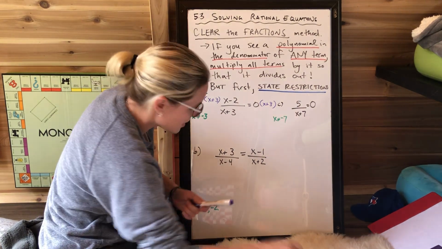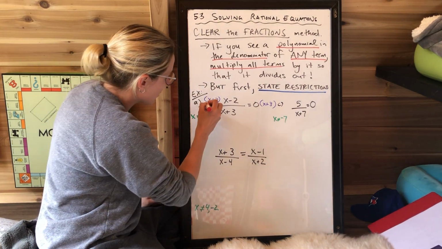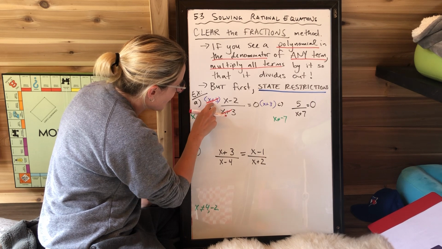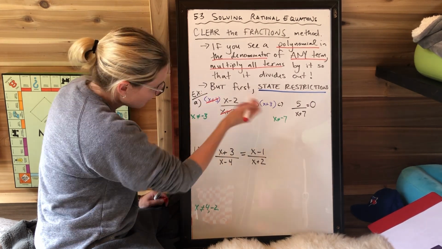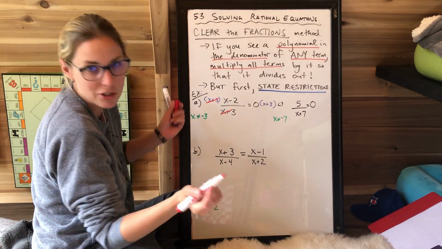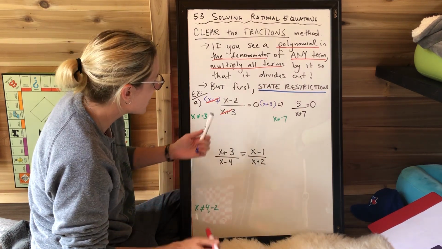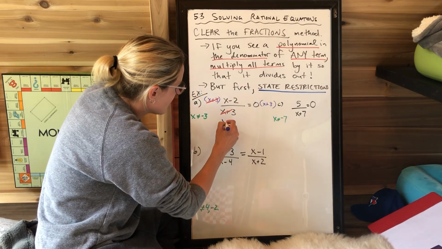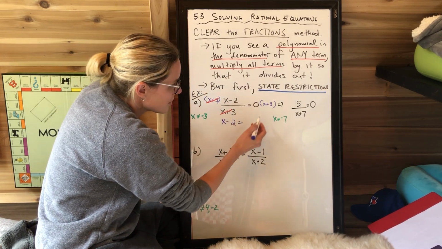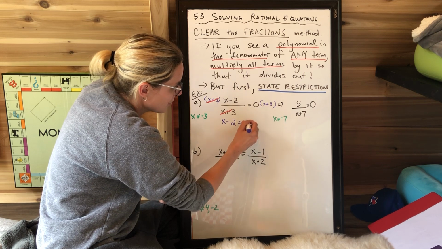What that does is allow this to cancel. Remember, it's the same as saying x plus 3 divided by x plus 3 is 1. Anything divided by itself is 1. We've gotten used to this idea of canceling, so we just go crazy and cancel, but the idea is that canceling is really a division that equals 1. So all you're left with on this side is the x minus 2. And on this side, 0 multiplied by anything is 0.